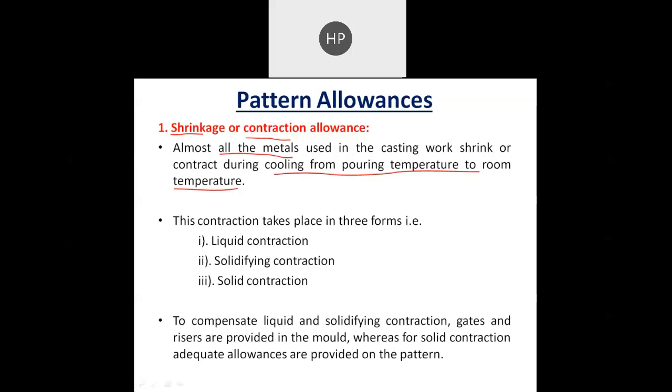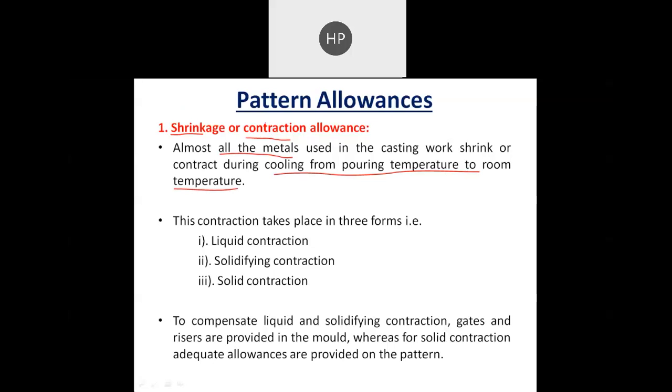Our original required size is 50, but after contraction you get only 49. So to get exactly 50, what will we do? We will take 51. We take 51 mm of liquid and then it will contract to 50 mm, which is the required size. That's why we make the pattern slightly larger than the original casting. So this is the reason.